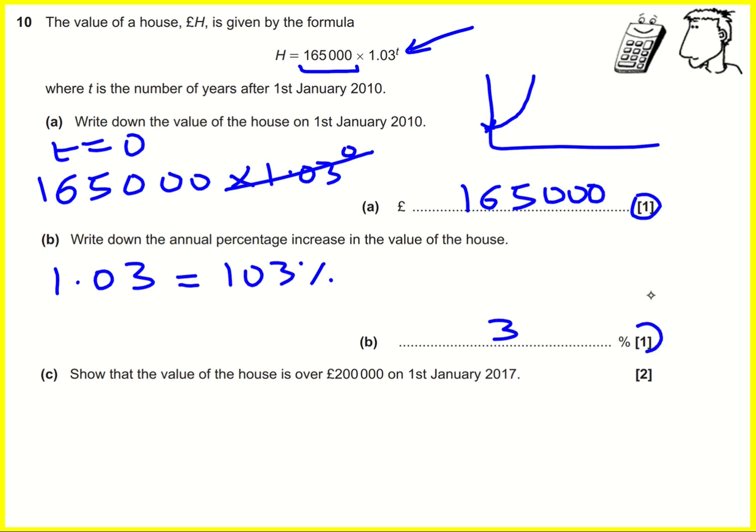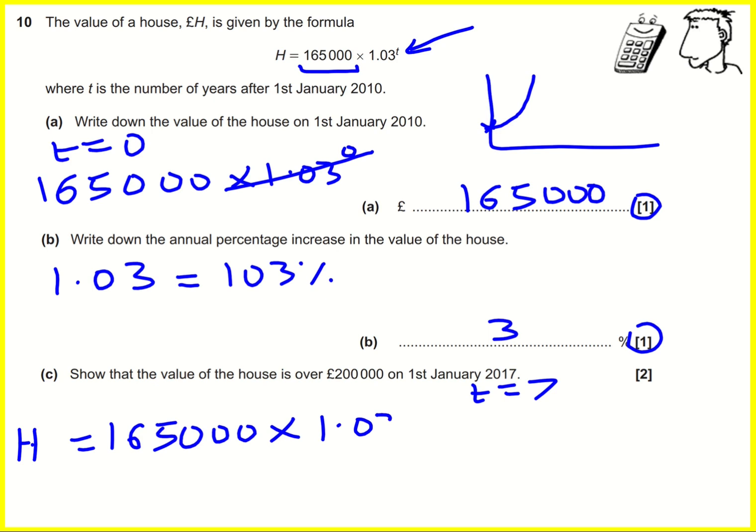And that's my answer. Okay, finally, show the value of the house is over 200,000 on the 1st of January 2017. That's 7 years later when T is equal to 7. So I'm going to find out H. This time it's going to equal 165,000 multiplied by 1.03 to the 7.